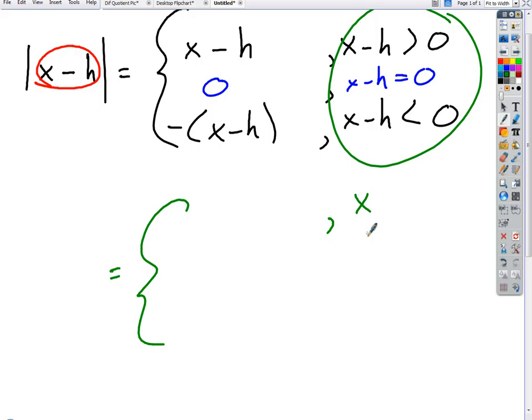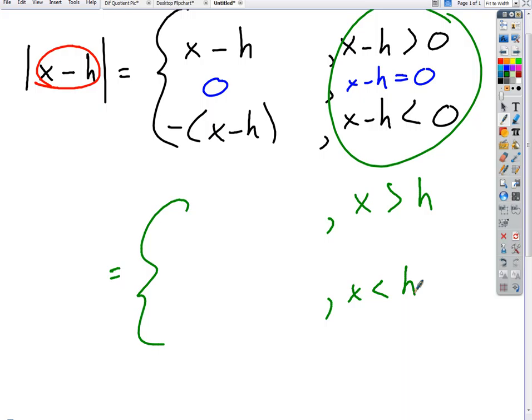So isn't x minus h greater than 0 when x is greater than h? See what I'm saying? Everybody see that? Okay, and isn't x minus h less than 0 when x is less than h, if I just add h to both sides? Right, so you see how this is consistent with everything you've done in the past. By solving algebraically, you've written these domains in terms of h, so they're useful.